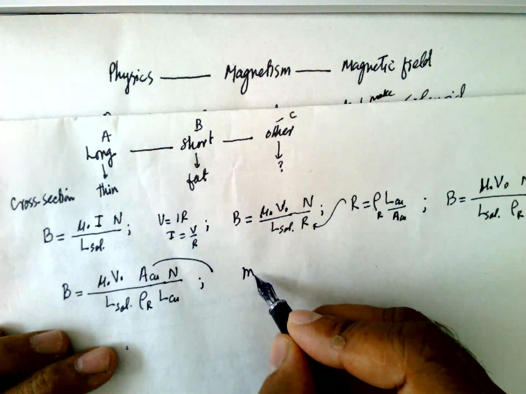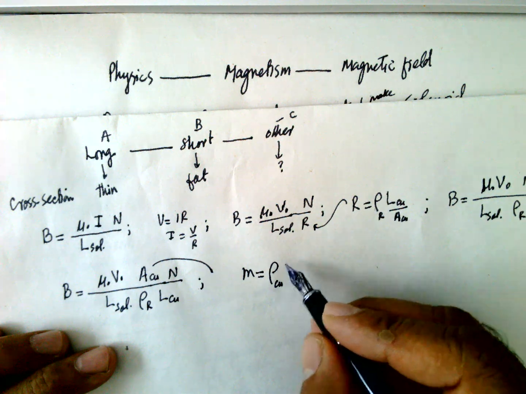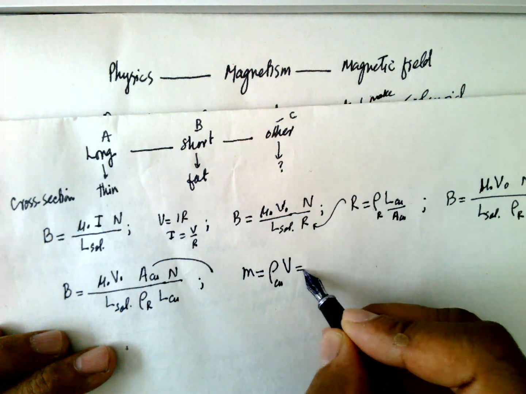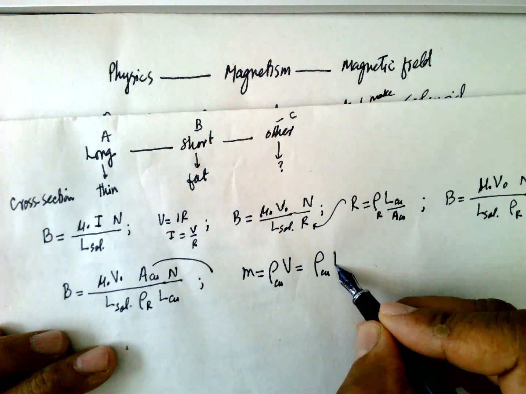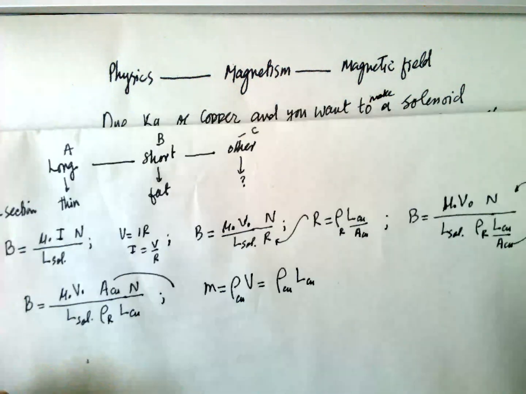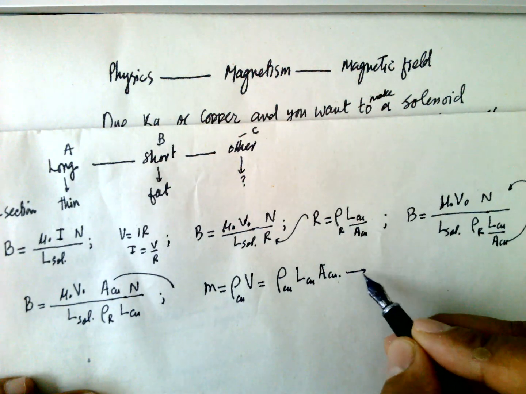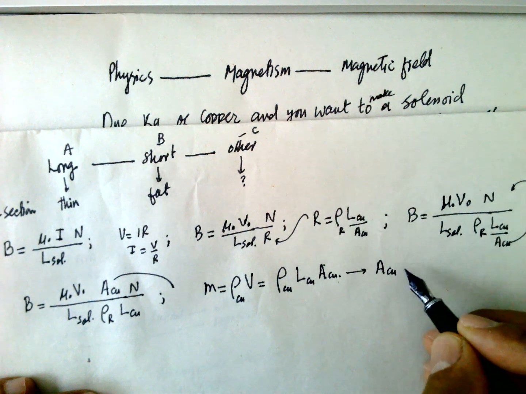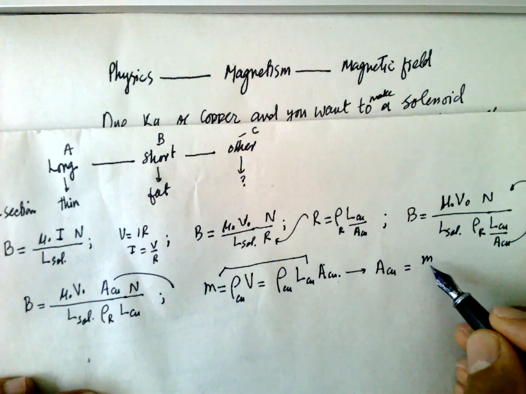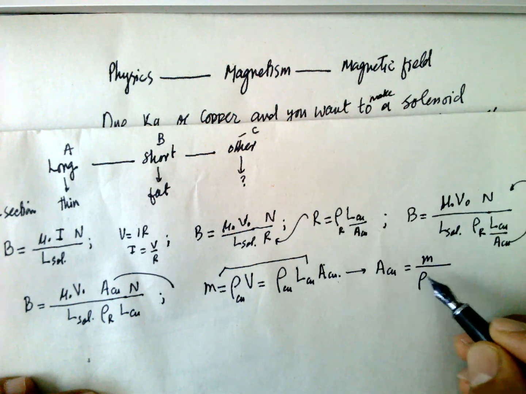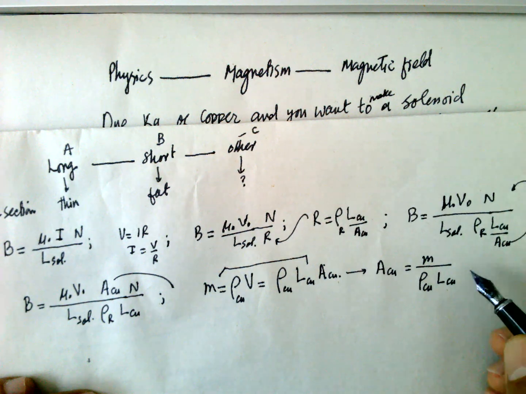Now for the area of the copper: mass is equal to the mass density of the copper times volume. This is equal to the mass density of the copper times the length of the copper times the cross section of the copper. So from here, A of copper is equal to mass divided by density of the copper times L of copper.